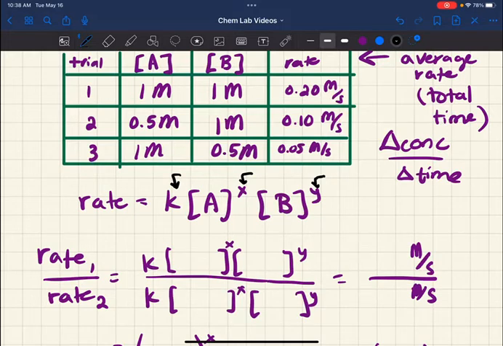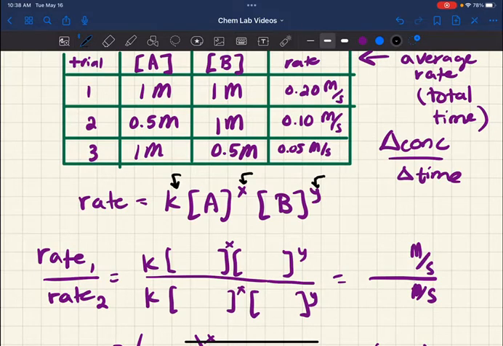So the key is going to be to look for, if I wanted to know what the order of A is, I would need to look at which two trials are going to change my concentration of A without changing anything else. And so if I look at trials 1 and 2, B is held constant, A is changed. So that's going to be an ideal comparison of two trials.